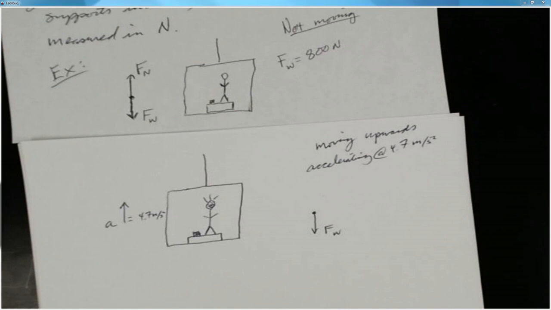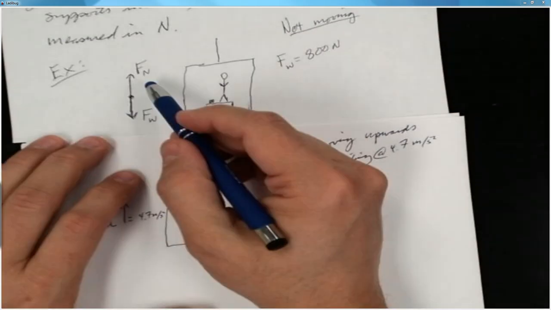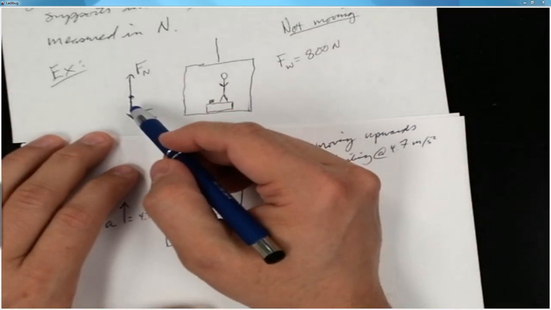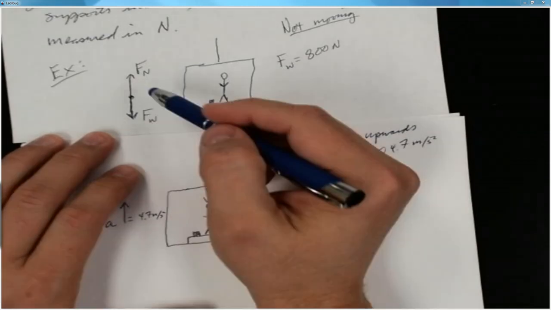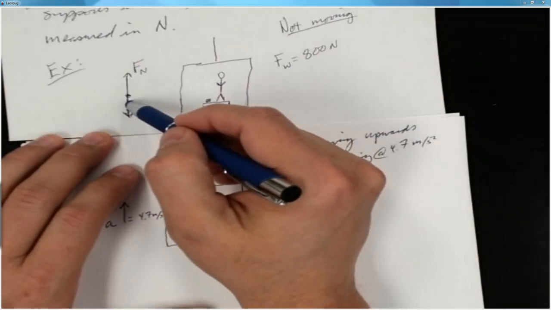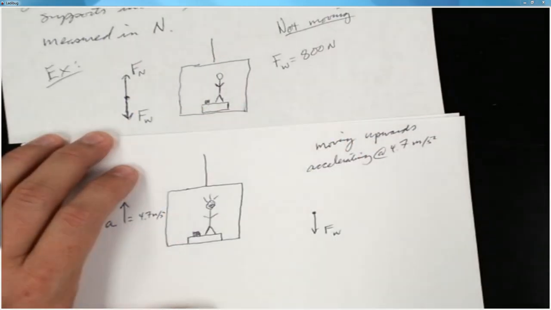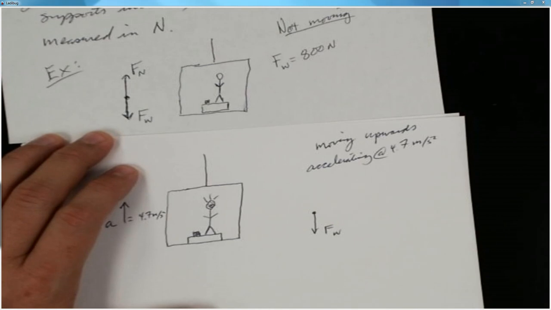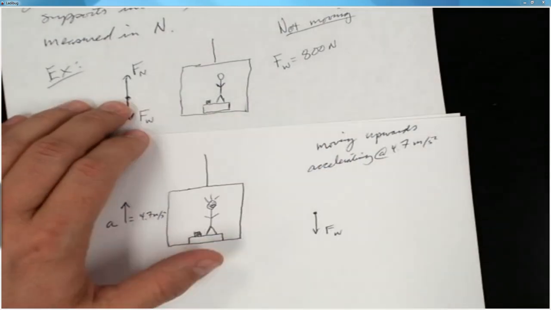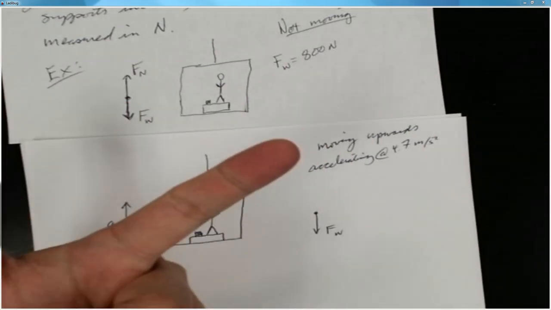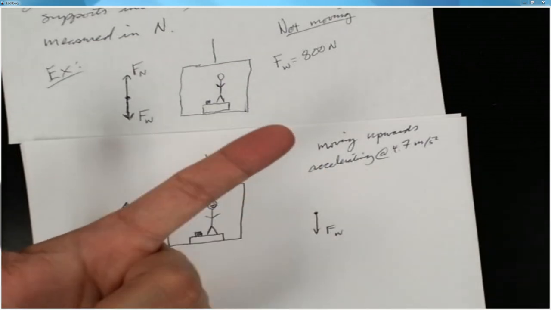So is the normal force bigger or smaller or the same as it was in the previous picture? It has to be bigger than it was because in the previous picture, the normal force only had to counteract the man's weight. I'm going to say something important here. In that picture, the normal force only had to counteract the man's weight by Newton's third law. Here, that's not the case. The normal force has to counteract the man's weight, and it also has to accelerate the man.